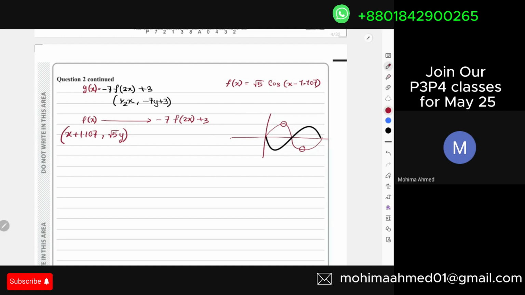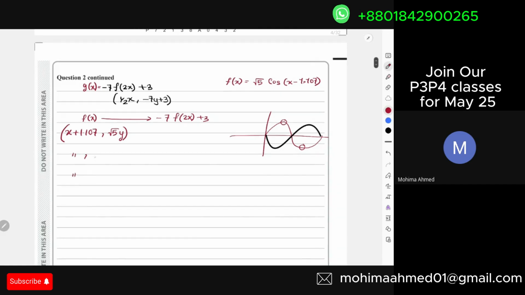Originally, for a cos graph, the maximum point is 1, the minimum point is -1. If root 5 is going to get multiplied with 1 and -1, I do not know exactly what the x coordinates are going to be over here, but the maximum point y coordinate is going to be root 5 multiplied with 1, we'll just keep it like this, and multiplied with -1 will give you minus root 5, right?